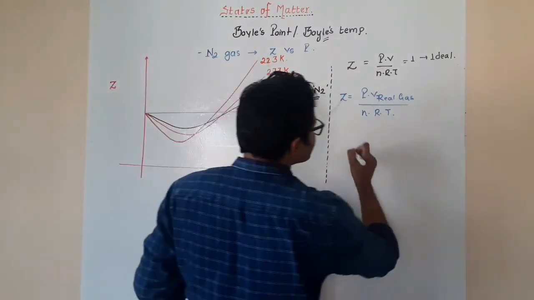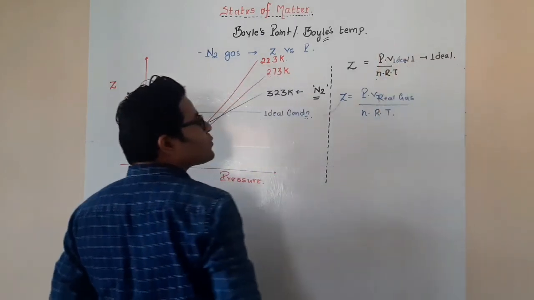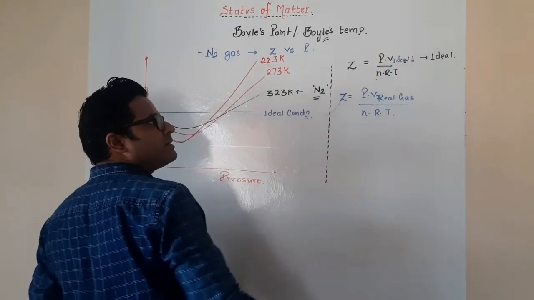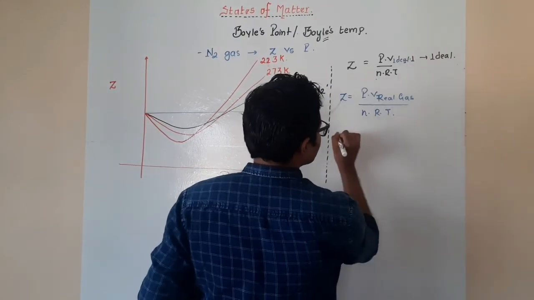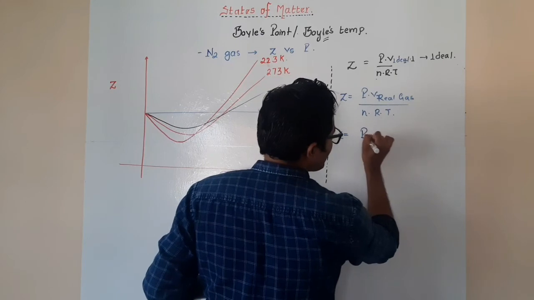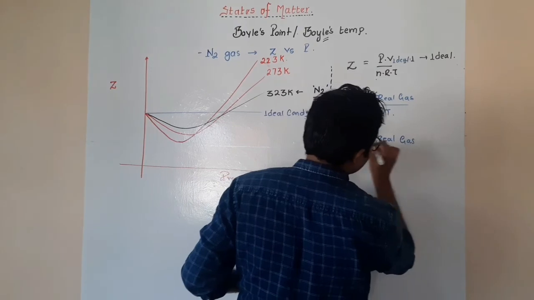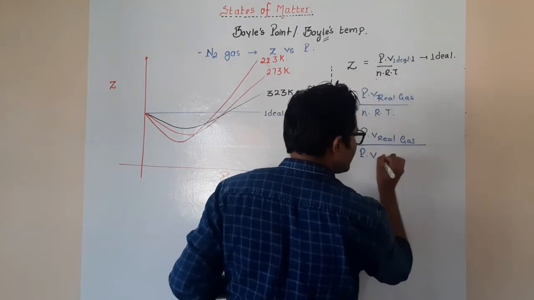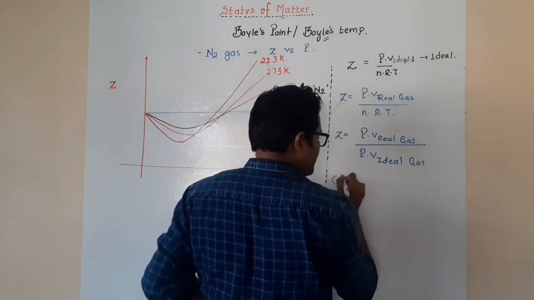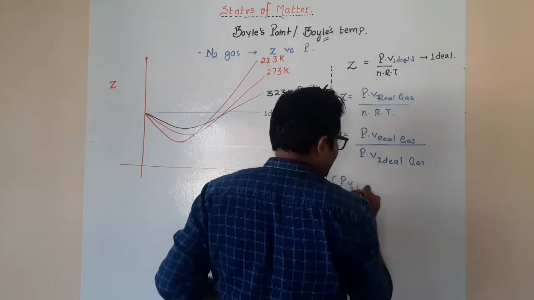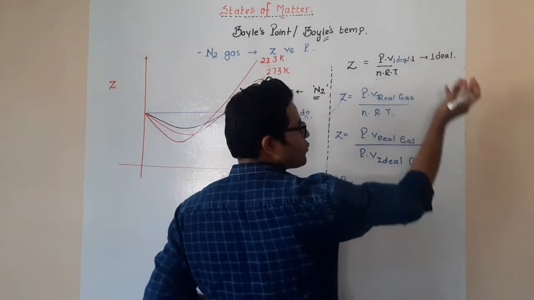If we consider an ideal gas, PV divided by nRT is already equal to 1. So can we write Z is equal to PV of the real gas, divided by PV for an ideal gas, as PV for an ideal gas is equal to nRT, because that was equal to 1?